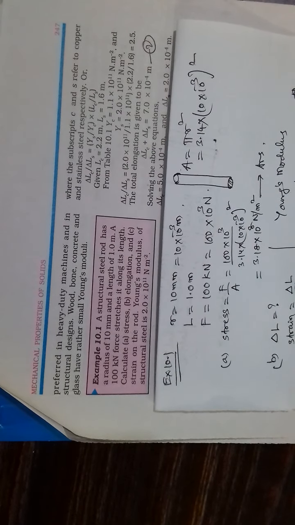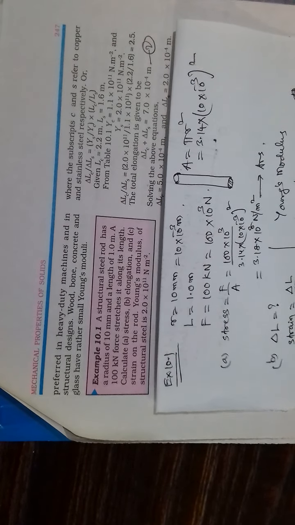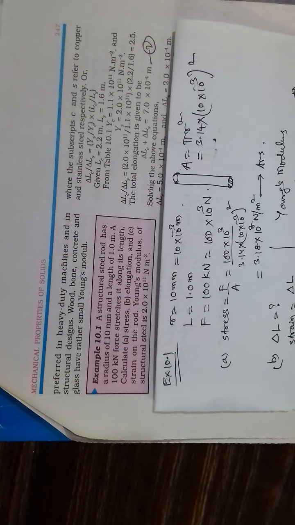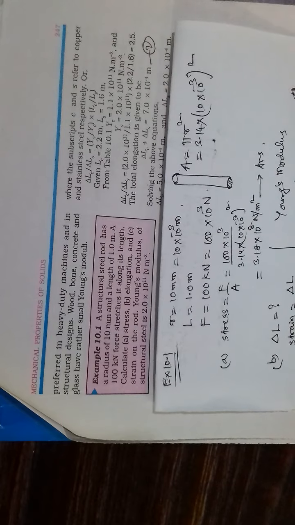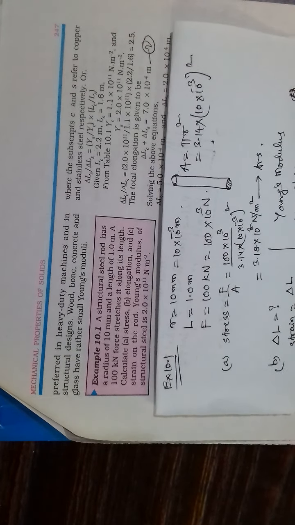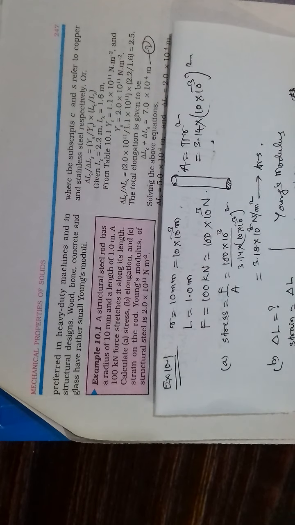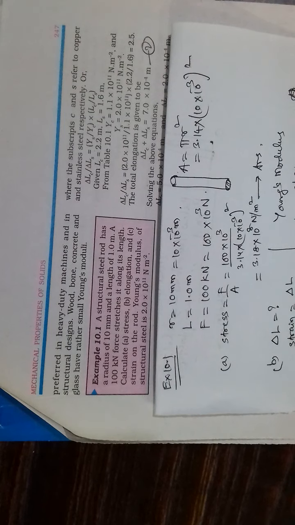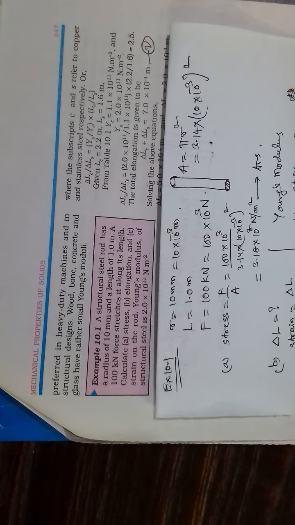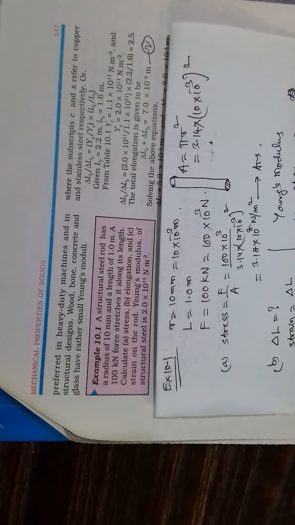1.59 into 10 power minus 3 is equal to delta L by L, L value 1 meter. So delta L is nothing but 1.59 into 10 to the power of minus 3 meters. Or see here, 10 power minus 3 means milli. So 1.59 millimeter.